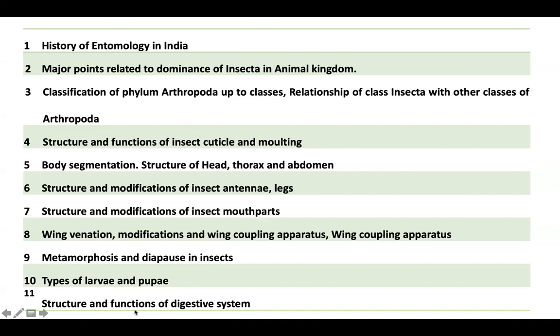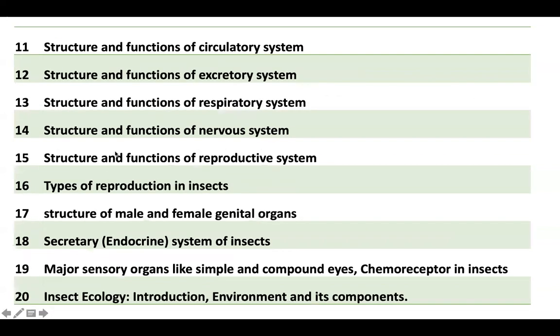Then structure and function of the digestive system. The system which is involved in digestion is called the digestive system, which involves different organs. So you can study its structure and function. Then you will study the structure and function of the circulatory system, which is involved in blood circulation, or in the case of insects, hemolymph circulation.